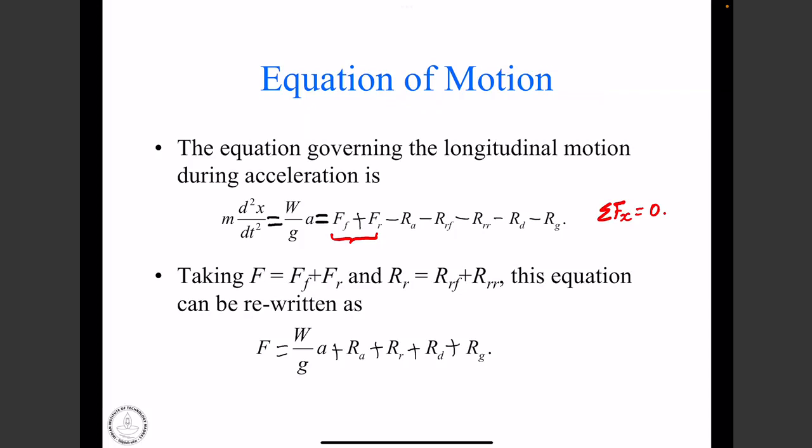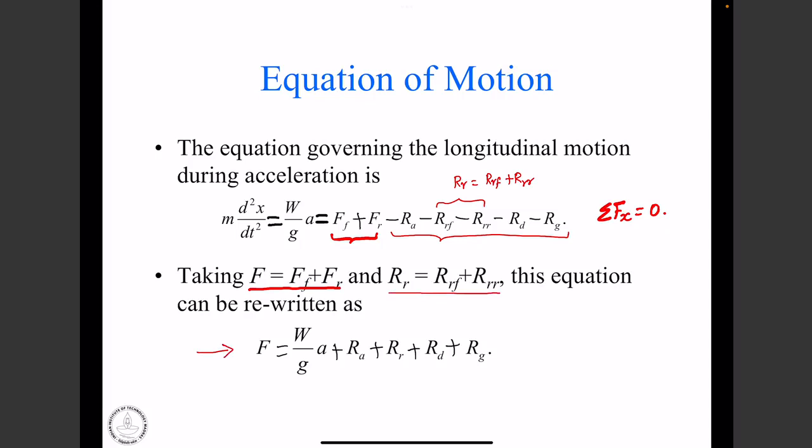And then we have a set of resistance forces that come up, which includes the aerodynamic drag, the rolling resistance, the drawbar pull and the grade resistance. RRF and RRR, when put together, give the net rolling resistance, which we are already aware of. So we take F to be the net tractive force, FF plus FR, and R subscript R to be RRF plus RRR, and then we rewrite this equation.